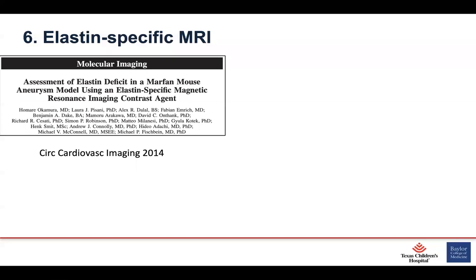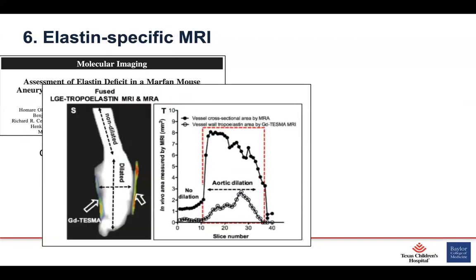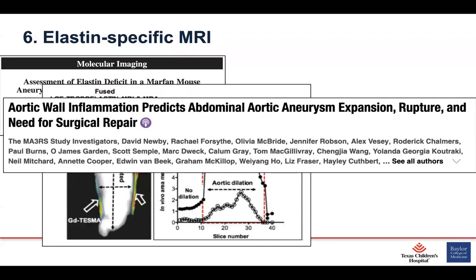However, this really hasn't panned out or been further investigated in the connective tissue community. There have been a few papers looking at abdominal aortic aneurysm, which is an inflammatory process, and this kind of MRI, specifically tropoelastin, sort of a different kind of MRI, might be helpful. So maybe this is a further area of investigation, but my understanding to date is it hasn't really been as strong as we were hoping as a biomarker of aortic dissection.